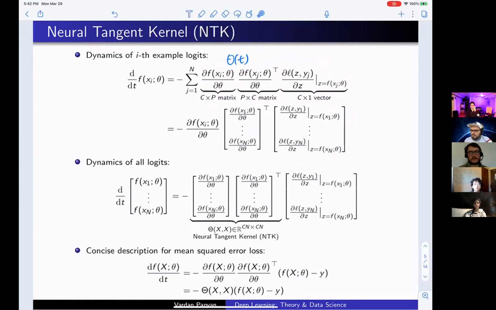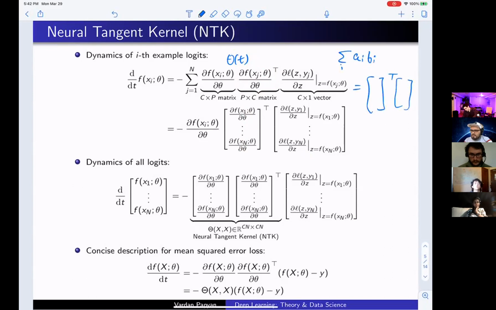So just dl to dz, you have here a bunch of different examples j, so you can just stack them on top of each other. And df xj theta to d theta, because you have different j's, you can stack them on top of each other, right? So basically, instead of writing the sum over i of ai bi, you can just write it as something transpose something. Make sense?